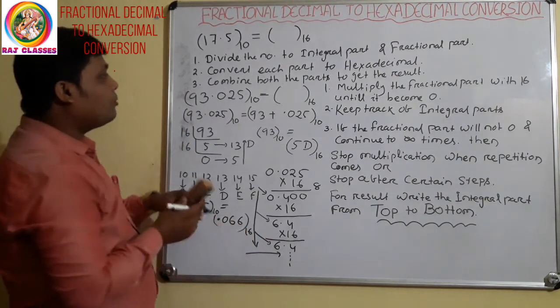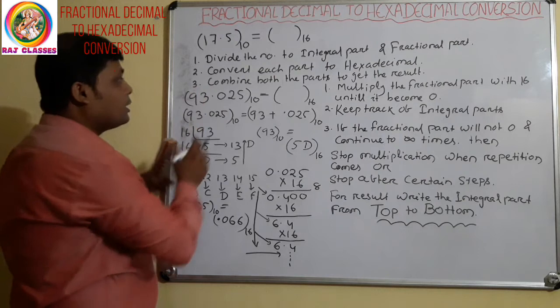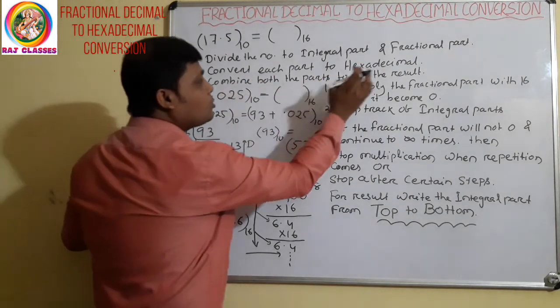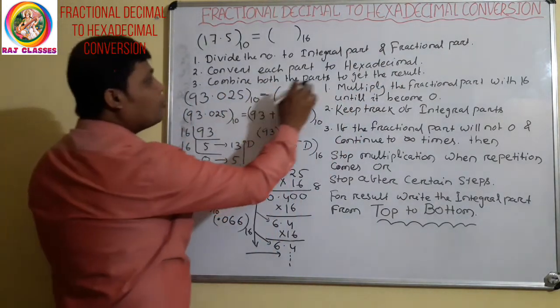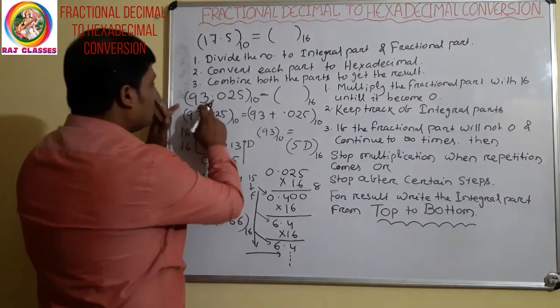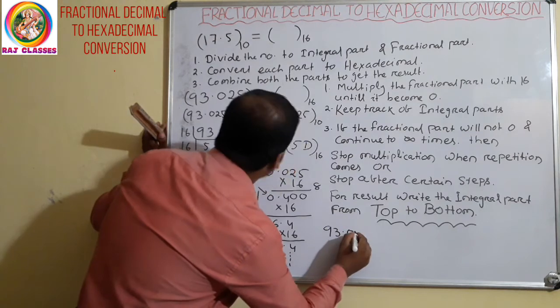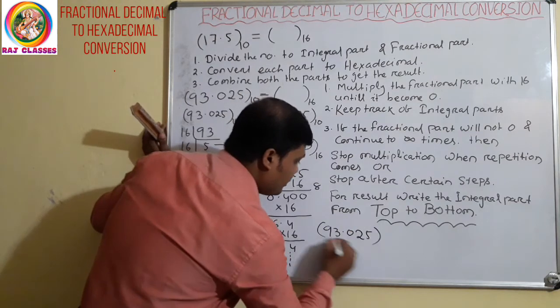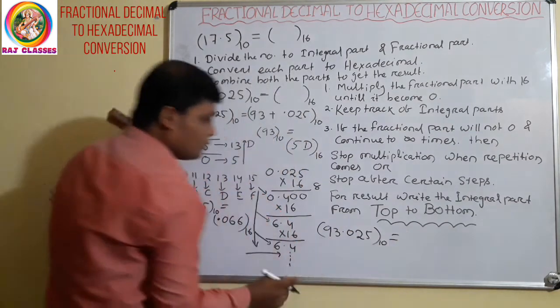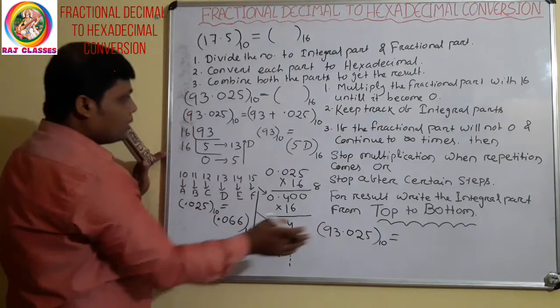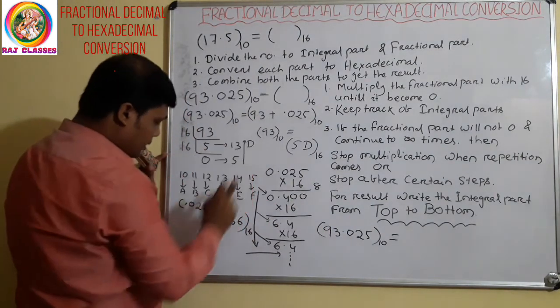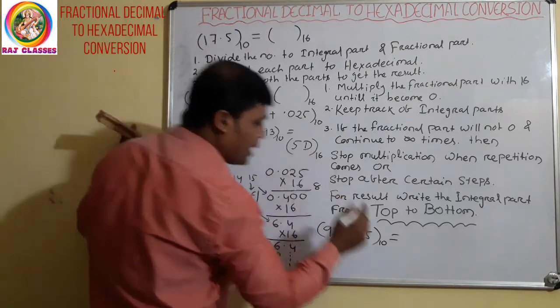Then come to the third point. Combine both the parts to get the result. This is 93.025 base 10, the question. For 93, the result is 5D.